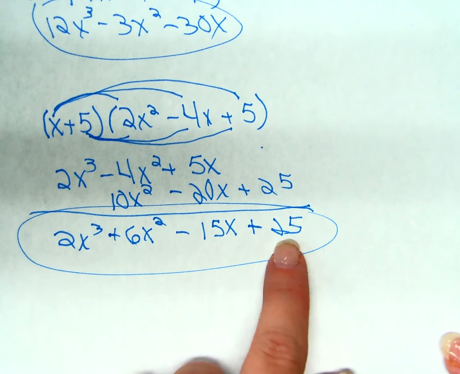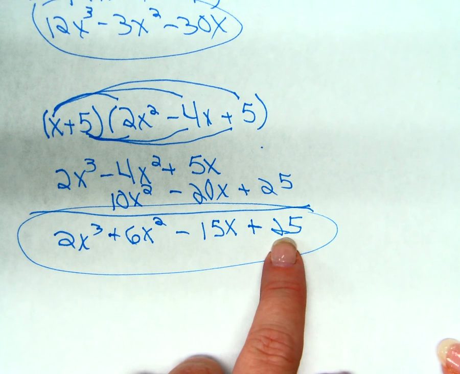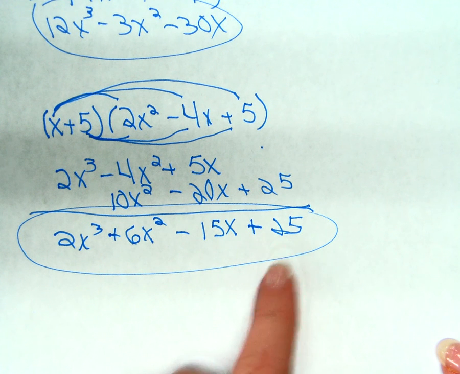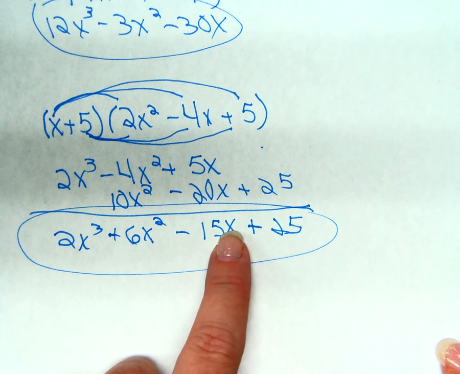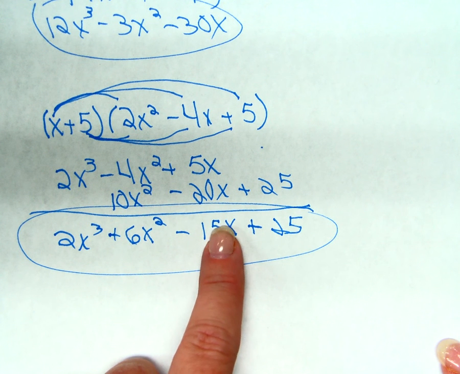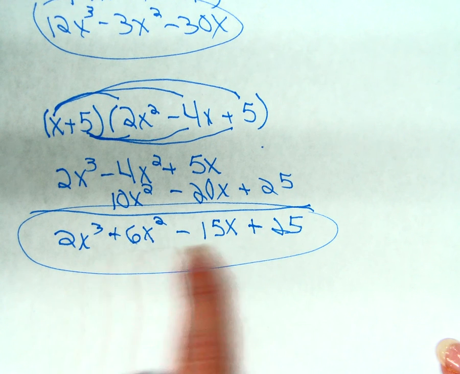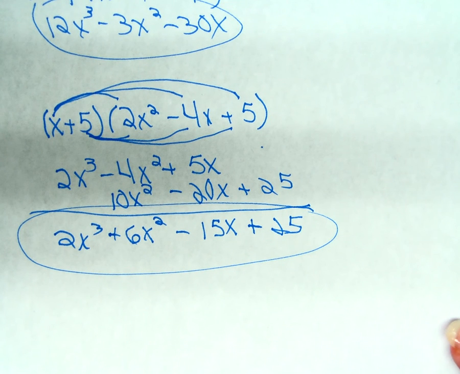Because this is a constant, right? This is a term because it's got a number and a variable together. That's just not a number. That's a number. This is a term, right? So it's many numbers or terms. You okay with that? So now, are you comfortable with adding and subtracting and multiplying polynomials?